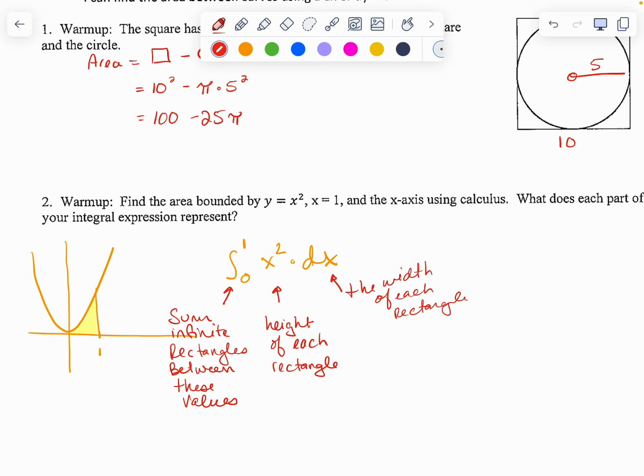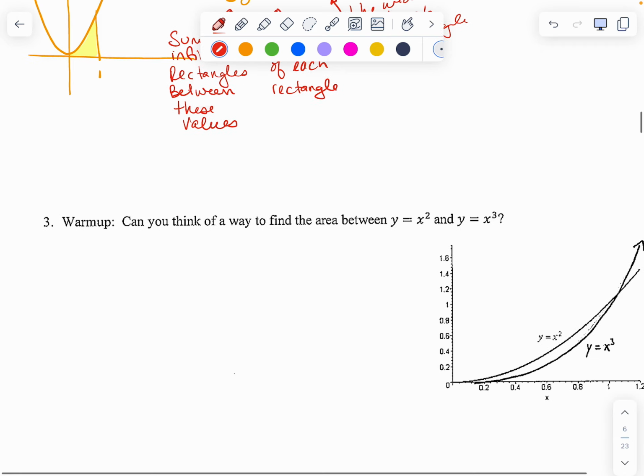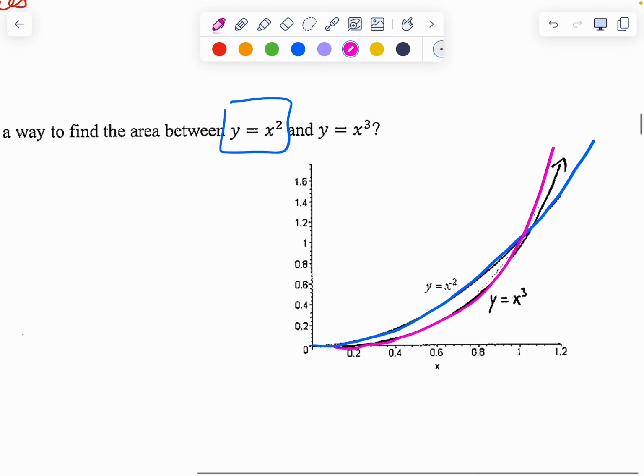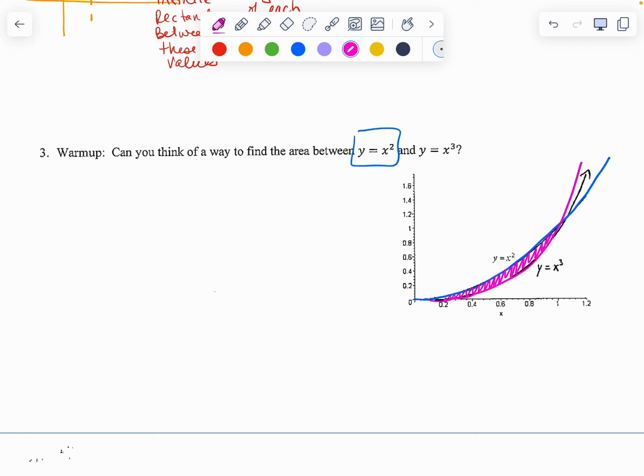Okay. So now, let's look at this one. We have two different curves. We have y equals x squared and y equals x to the third. Here's y equals x squared, and here's y equals x to the third. And if I wanted to find the area in between these using geometry, how would I figure that out?